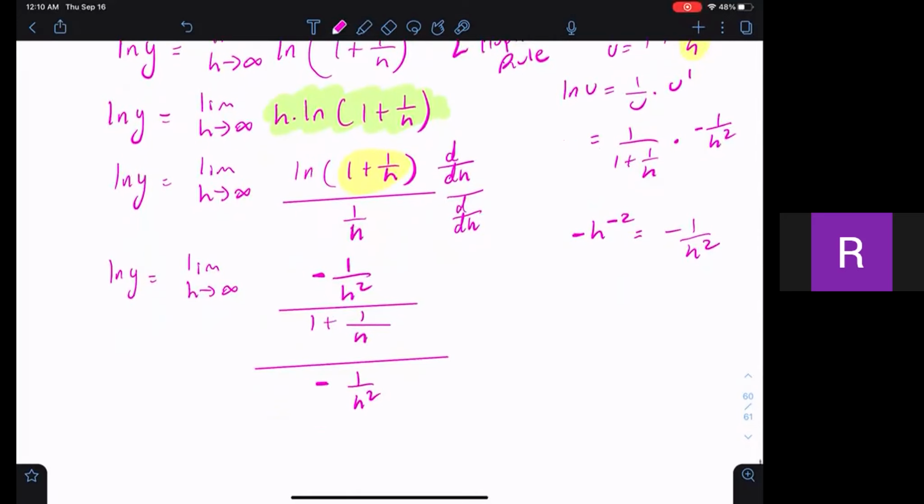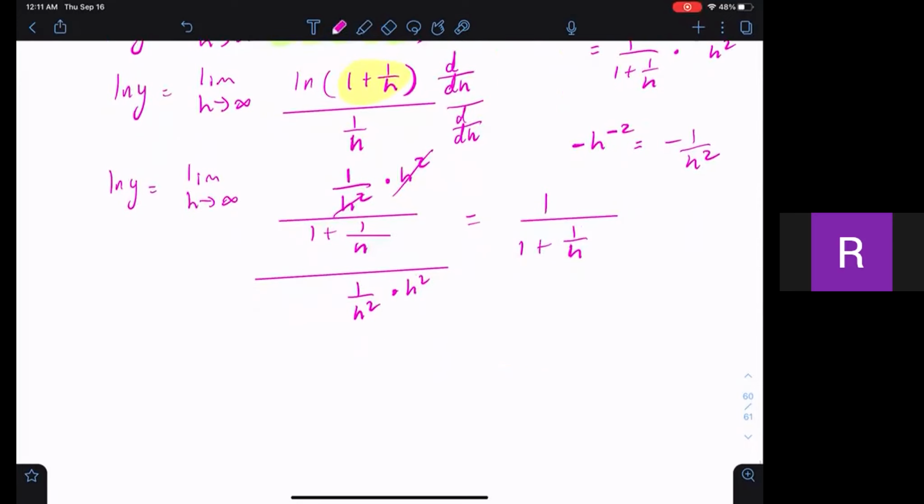First of all, the negative signs disappear, because a negative over a negative is positive. Now you multiply top and bottom by h squared, so this cancels. You get 1 over 1 plus 1 over h, over 1, and dividing by 1 is the same as the fraction.